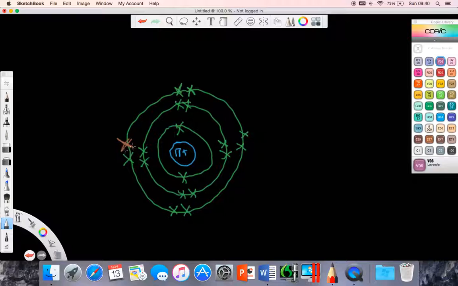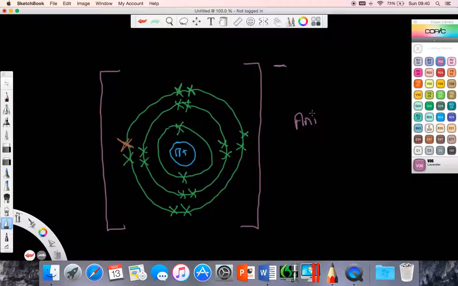But it's gained this 1 more electron. So overall, this atom would now have a 1 negative charge, and would therefore become an anion, a negative ion. Okay.